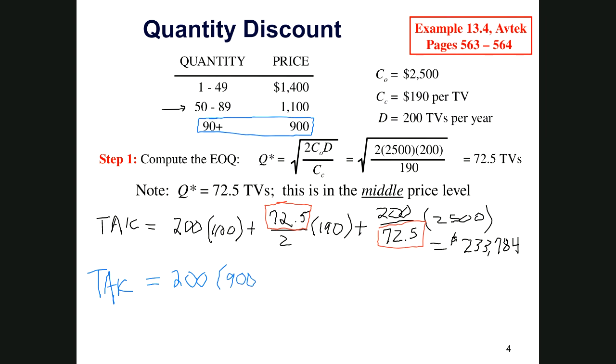Again, notice we're just bringing this down. It's $900, and then plus, and now we're going to use 90 televisions because that's going to be our order quantity. So we'll have on hand 90 televisions times our carrying cost, which remains the same.